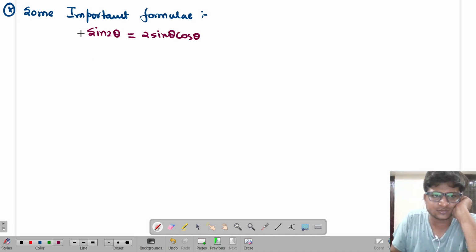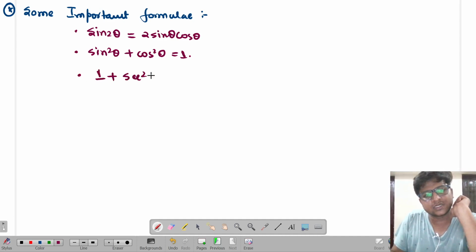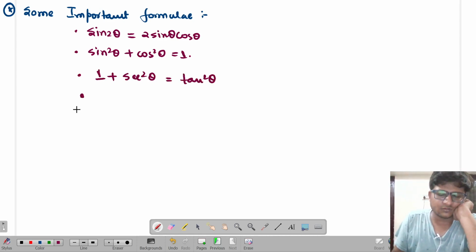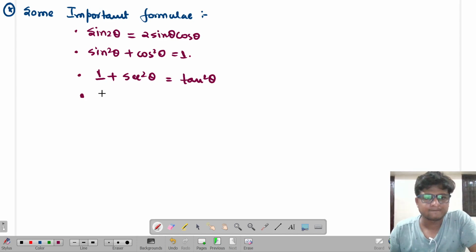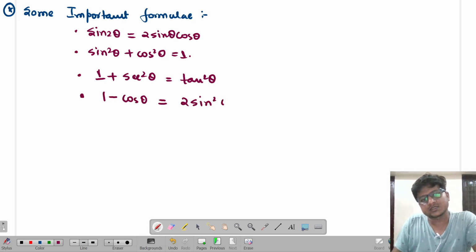Are you able to get me or not? Second one is sine square theta plus cos square theta is always equal to 1. Third is 1 plus tan square theta is always equal to sec square theta. Fourth one is, 1 minus cos theta is nothing but 2 sine square theta by 2.